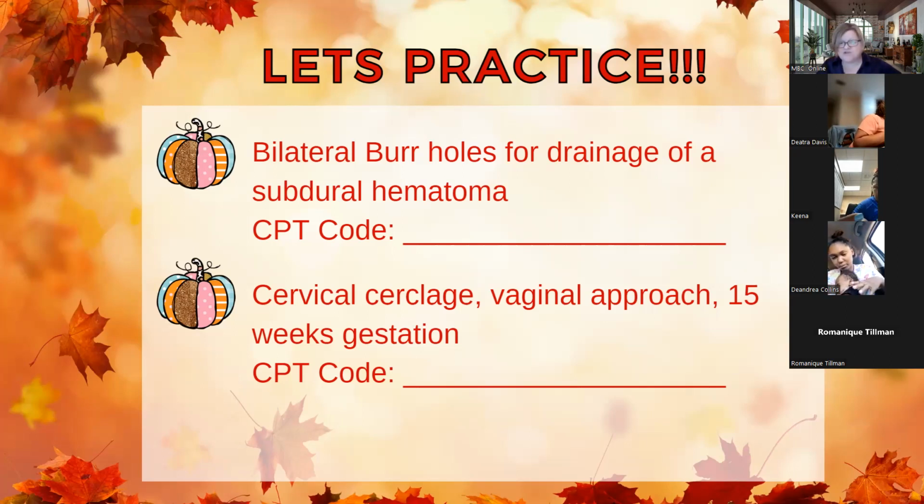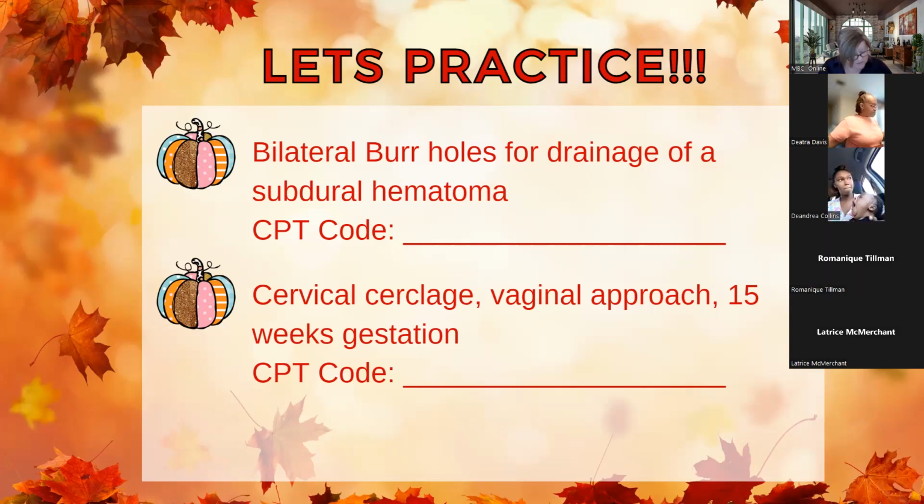But ours, we need drainage of a hematoma. So it says for drainage, and then it indents down and it says abscess, cyst, or hematoma. So that's easy. We go straight to the range it gives us for hematoma: 61154 through 61156. So let's go find that in our tabular index.